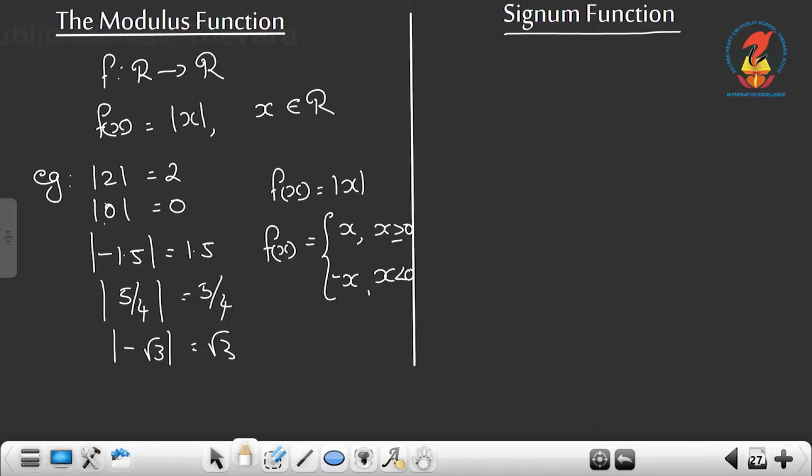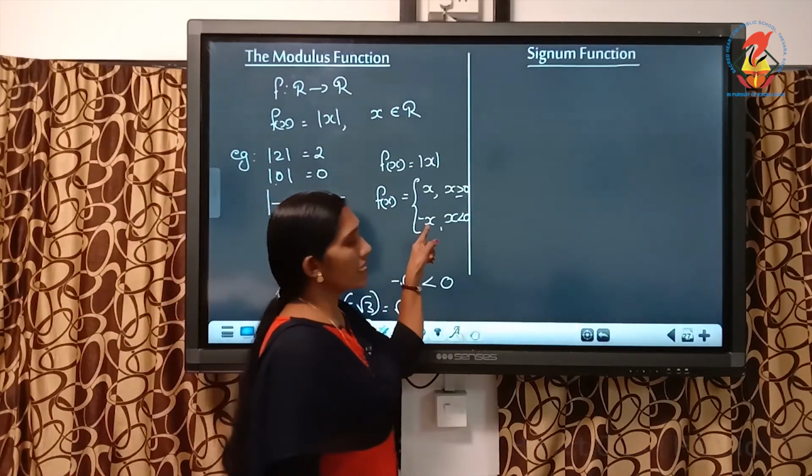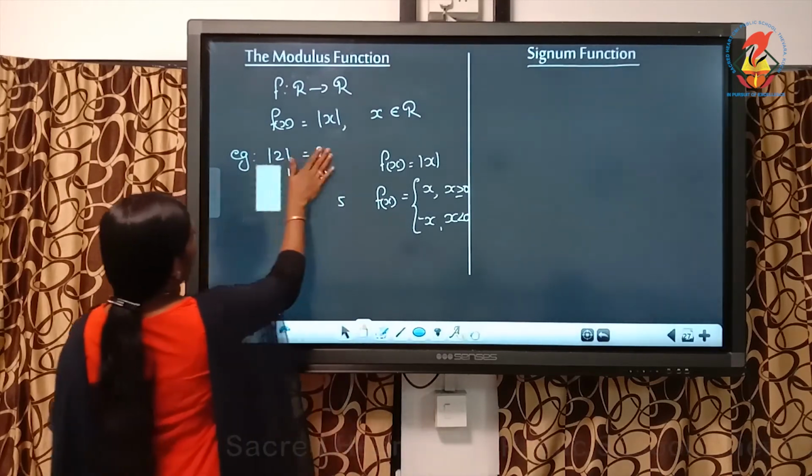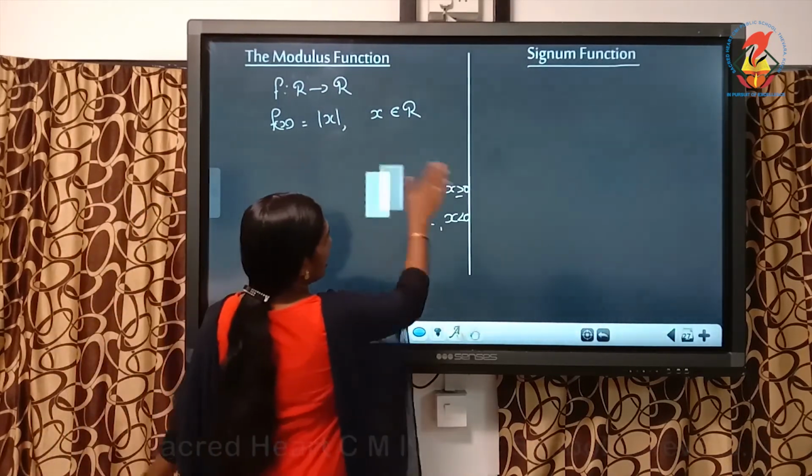Mod x is minus of x. Here minus root 3 is less than 0. So the answer is root 3, meaning minus of minus root 3, then only we get root 3. So that is here minus x. I hope all of you are clear on that.